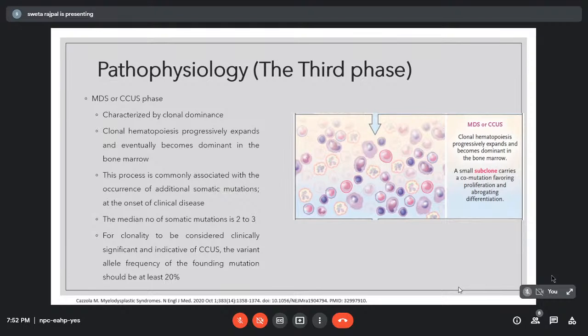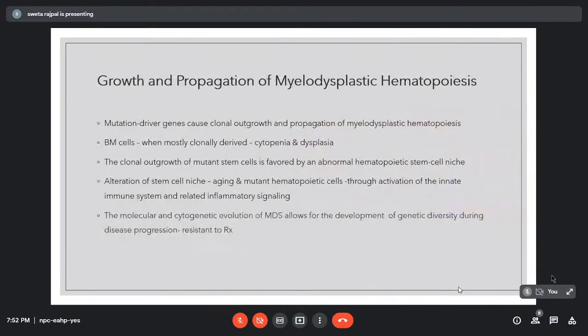20%. So when these driver mutations happen, driver genes cause mutations that lead to clonal outgrowth, and there will be propagation of myelodysplastic hematopoiesis. When clonal hematopoiesis happens, the bone marrow cells are formed totally from these clonal cells, which leads to ineffective hematopoiesis, and most of the cells will die in the bone marrow itself.